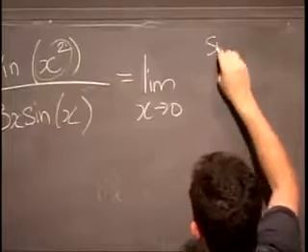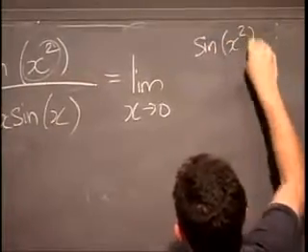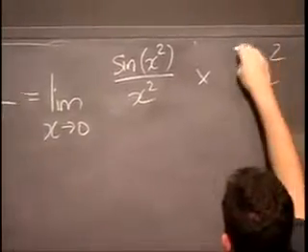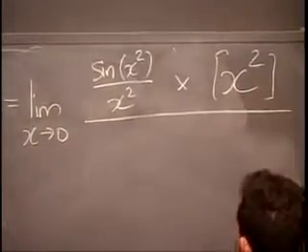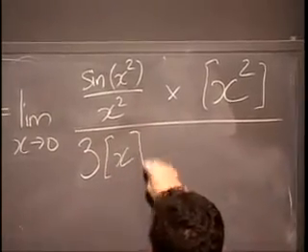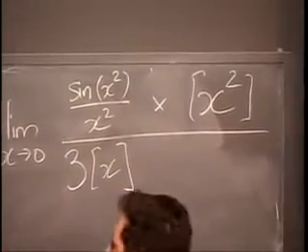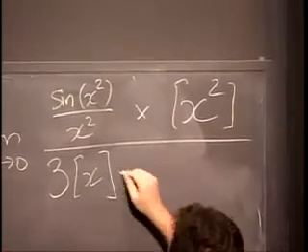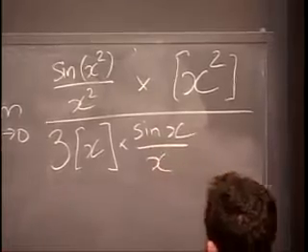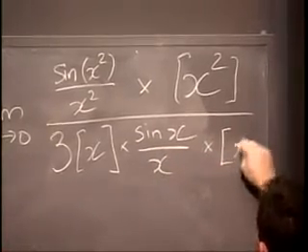I want sine x squared over x squared, and I will multiply that by x squared. Let's keep the 3, let's keep the x, and sine x I give the same treatment. I'm going to make this sine x over x, but I multiply by x again.